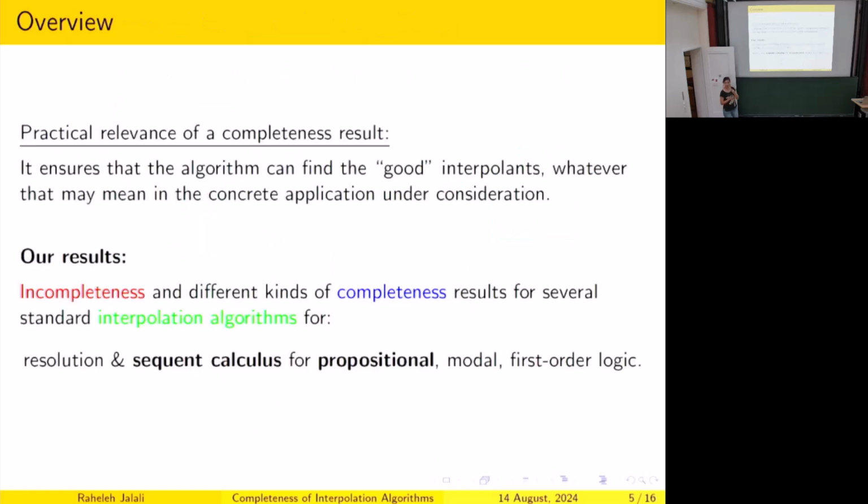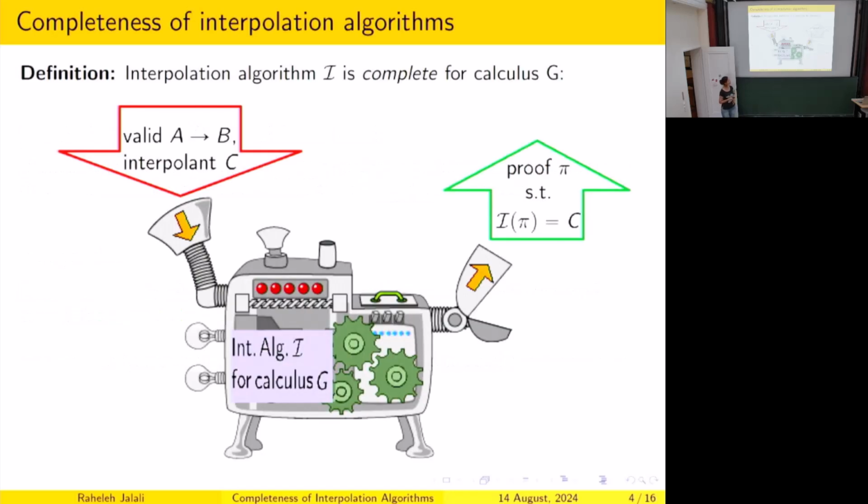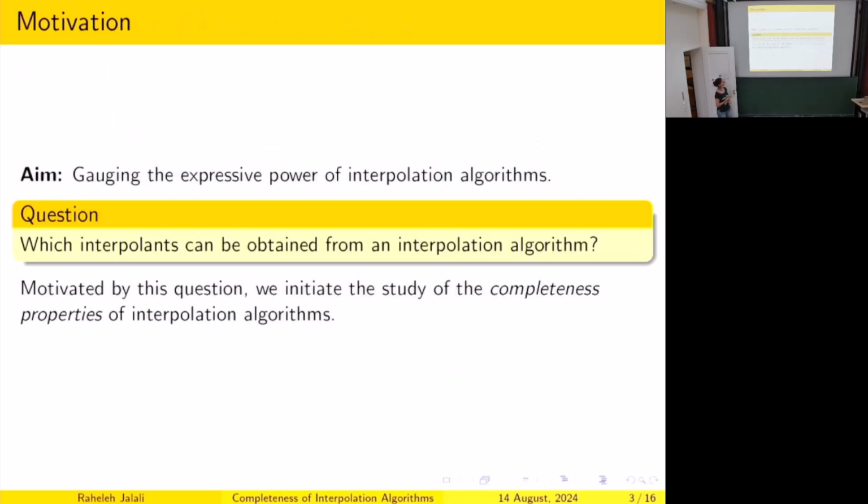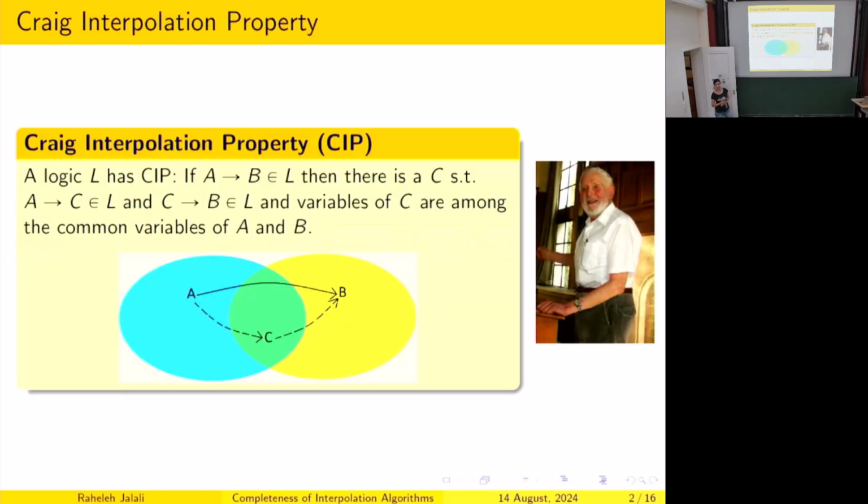Sorry, can you go back to the previous slide? The nature of pi, why is pi here? So this is a property about the logic, but we can prove this property about the logic within a calculus. You fix the calculus, and there is an interpolation procedure inside the calculus.